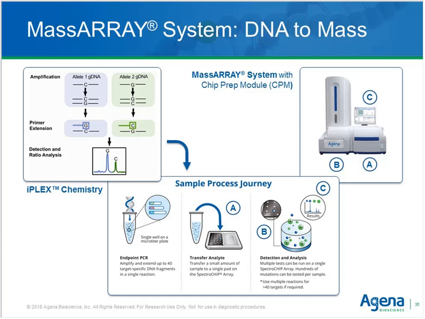And then, as mentioned, step C here is the automated data analysis. At time of detection, you will get your allele calls, and automated reports will give you more information about detected mutations and confidence values.